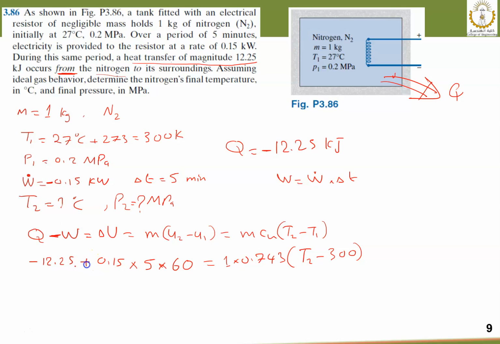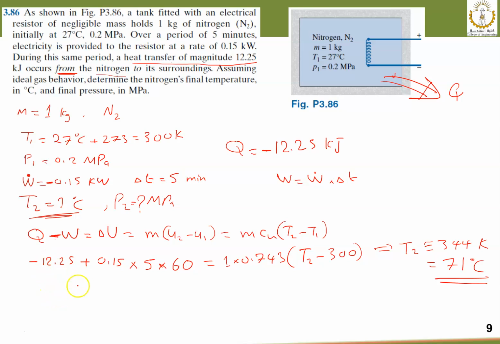So this will become positive; negative and negative is positive. And if you solve this, you'll find that T2 equals about 344 Kelvin. Because the question says find T2 in degrees Celsius, 344 minus 273 is about 71 degrees Celsius. So we found the temperature.